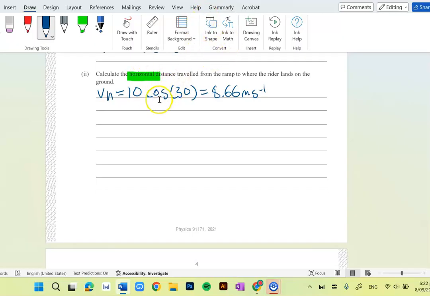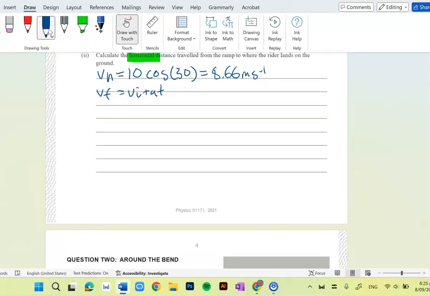Now that we've found the initial horizontal speed, we have to find the time of the flight. So, Vf equals Vi plus At. We're just going to put in all the values we know.